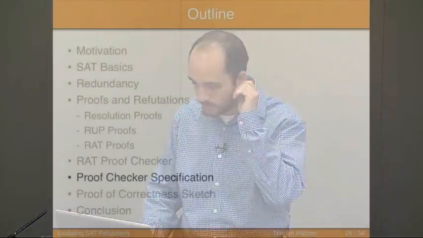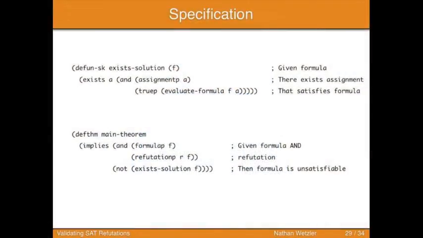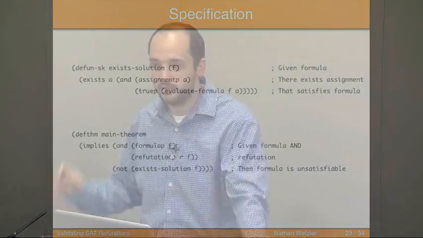So then we can specify what a proof checker should do in ACL2. We do that by first establishing a quantification predicate.